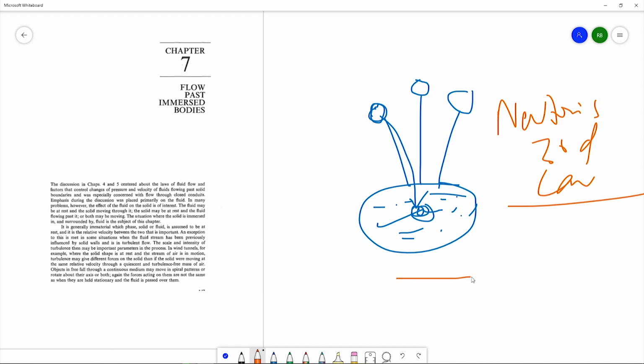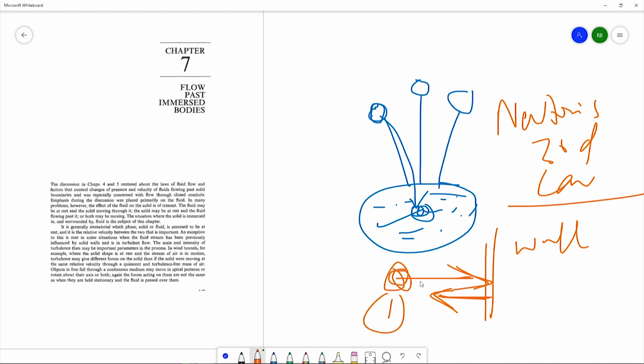So if you are applying force to a wall, the wall will give you a force of the same magnitude but in the opposite direction. The only thing is the force is acting on two different objects: one is acting on this object and another is acting on the wall.